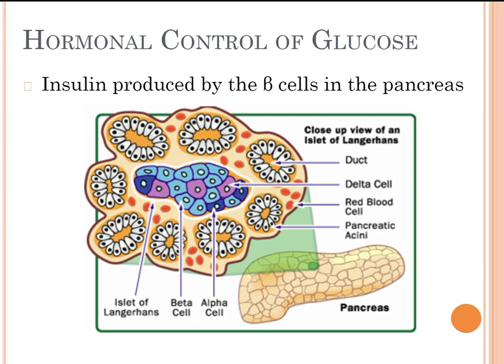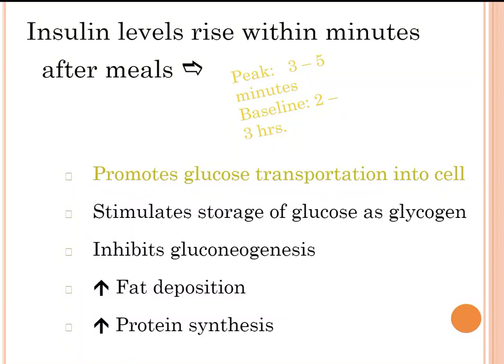This is the simplest way to describe the differences between types 1 and 2, though as you'll see, there's more to it. In a normally functioning individual, insulin levels rise and peak within minutes after meals. Insulin is a very important hormone for the use and storage of energy in our body. It facilitates movement of glucose into the muscle cells, stimulates storage of glucose as glycogen, inhibits gluconeogenesis from amino and fatty acids, and increases fat deposits and protein synthesis.